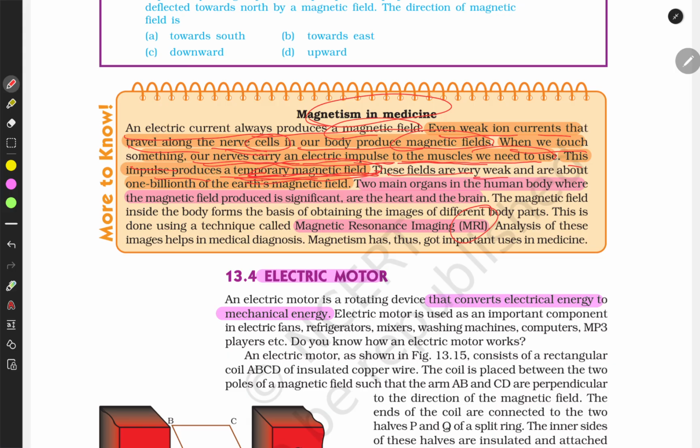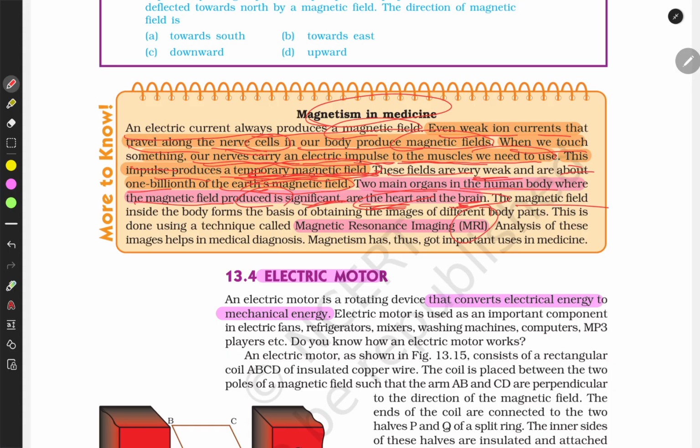These fields are very weak, about one billionth of the earth's magnetic field, almost negligible. The two main organs in our body where the magnetic field produced is significant are the heart and brain.